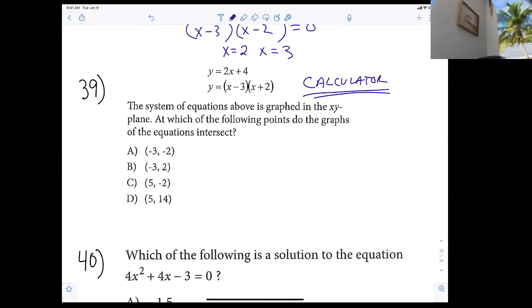Everybody type it in. Now, sometimes when you're messing around with your calculator, it messes up the window. So we're always going to fix the window by hitting zoom, and then standard. It graphs it for you. You should see a line, and then you should see a parabola, is what that's called.